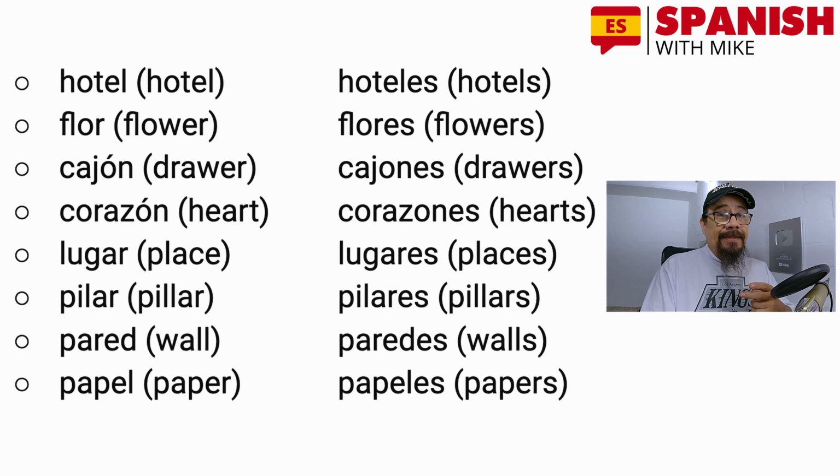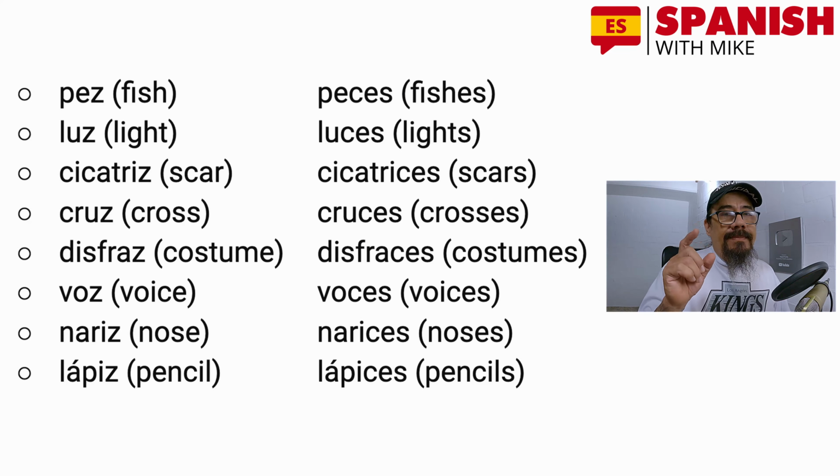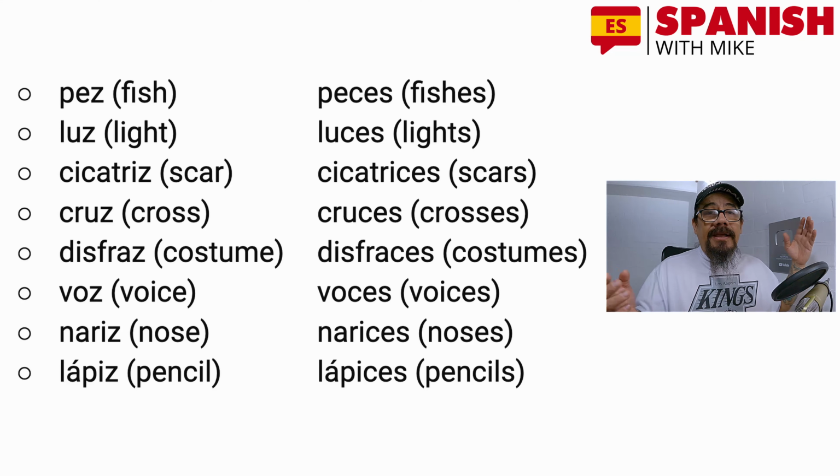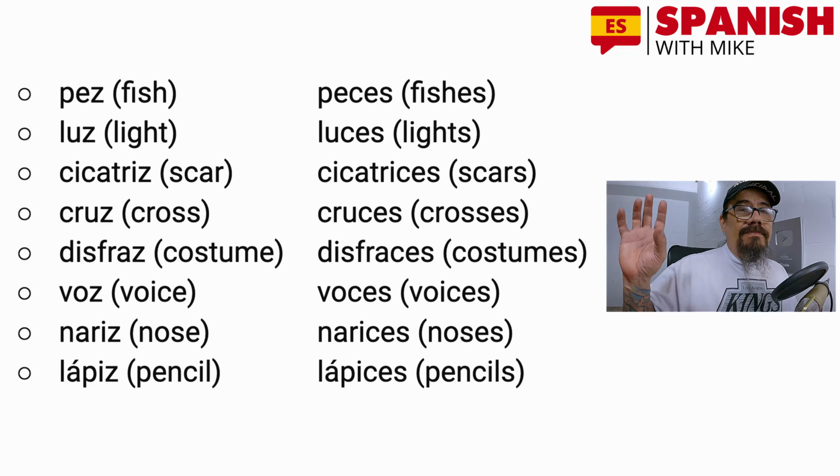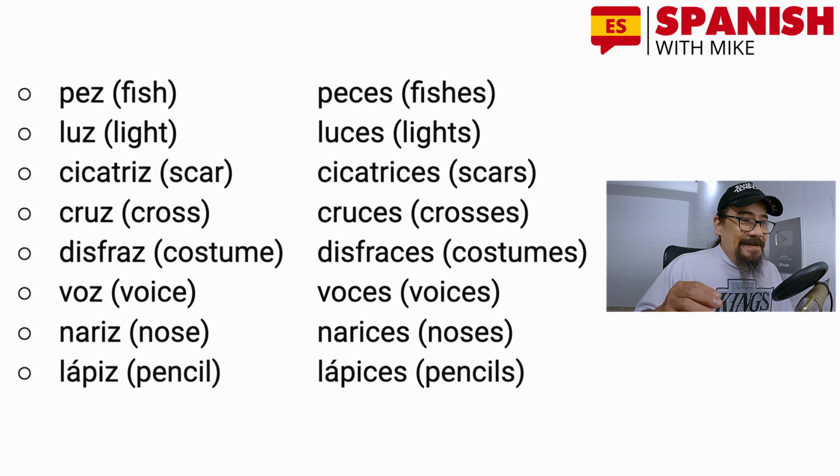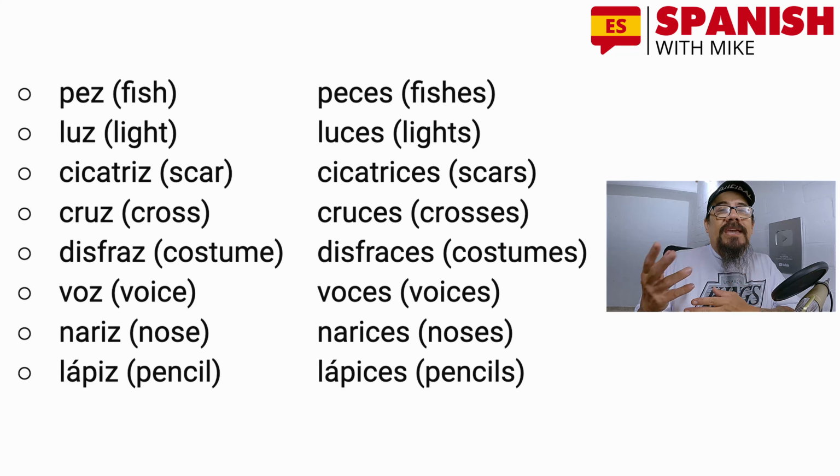papeles. And the third rule is if the noun ends in Z, we change the Z to C and add ES. So in the case of pez, and remember, the Z in Spain sounds like theta, they say something like pez. But Spain is the only place in the world where we hear that pronunciation.